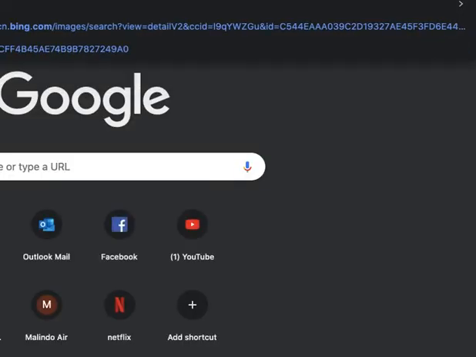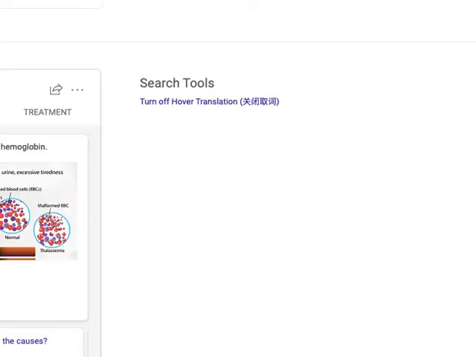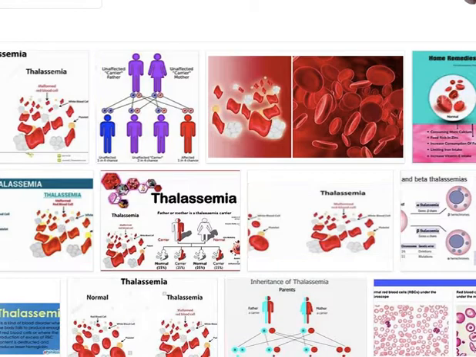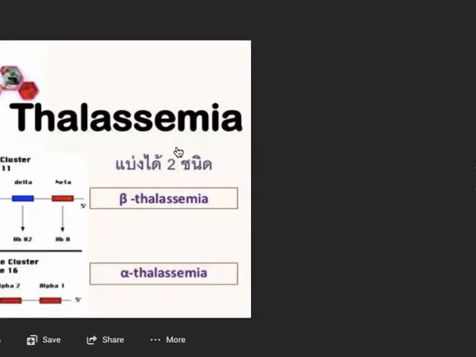Just give me 1 second. I want to see if there is anything on Bing related to thalassemia, if we can find anything. Okay, so for example, yes, this one.